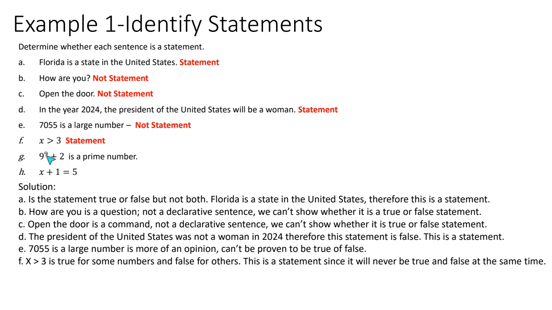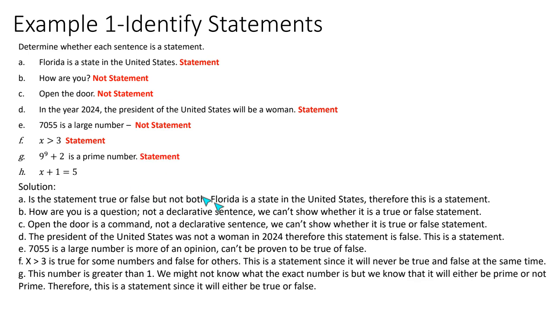So 9 to the 9th power plus 2, we know that this number is going to be greater than 1, and every number greater than 1 is either prime or composite. And so no matter what the value is for this number, it's either going to be true, that it's prime, or it's going to be false. Even though I don't know the value, I can say that it's either true or false. So for this one, it's going to be a statement.